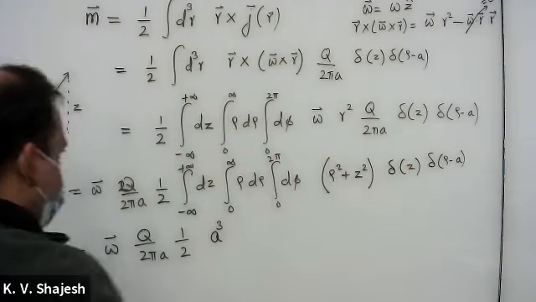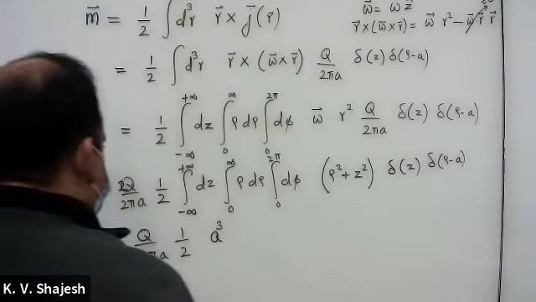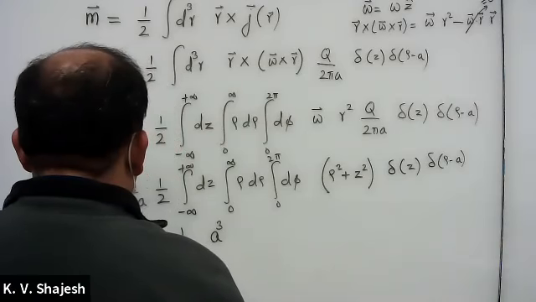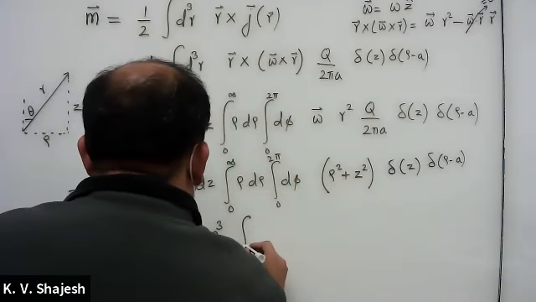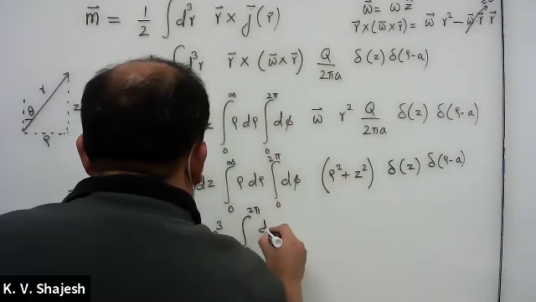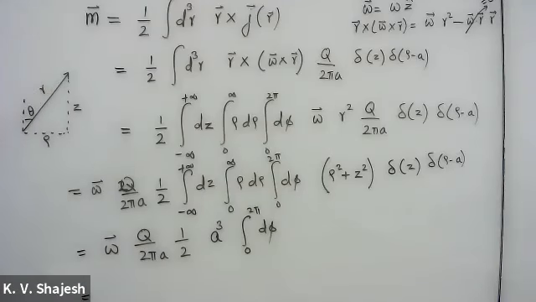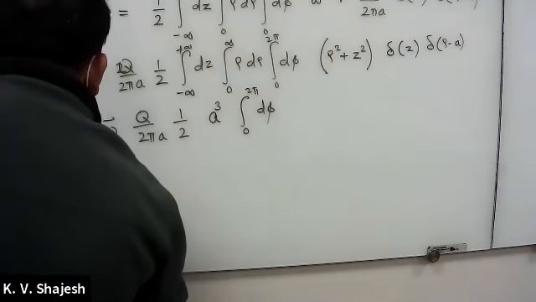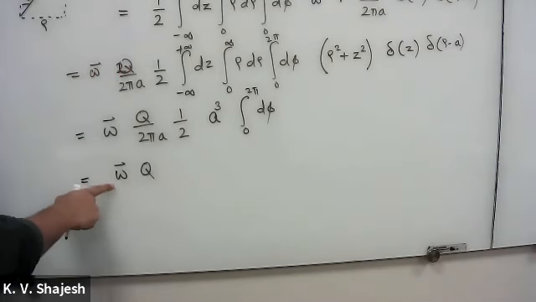And rho gets replaced with a. Now let's see. A cube and 2 pi, right? And that is 0 to 2 pi d phi. That's all, I suppose. So this is equal to omega times q. Notice this has the dimension of 1 over time.